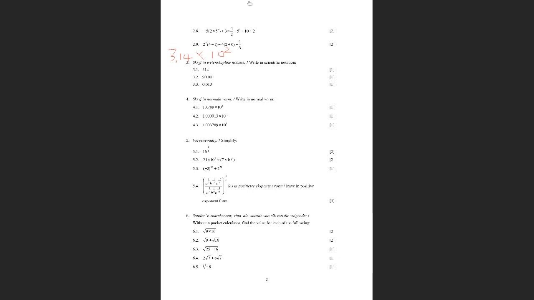Okay, the second one is going to be 9,0 9,0 0 0 1 times 10, because the comma moved 1, 2, 3, 4 times, so times 10 to the power 4.